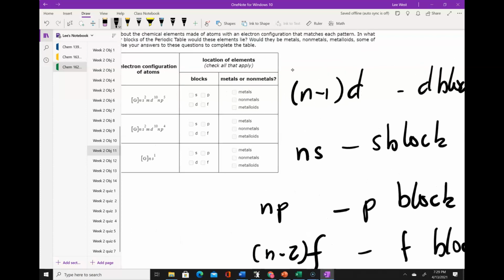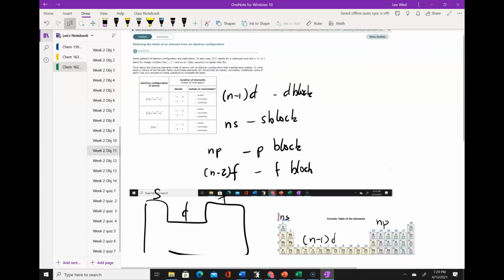This says NS2, but then it does have some Ds. It has a full set of Ds, and then NP. So it's got Ds but not Fs. What that tells you is that it's between periods 4 and 5, because it's got Ds but it doesn't have Fs.